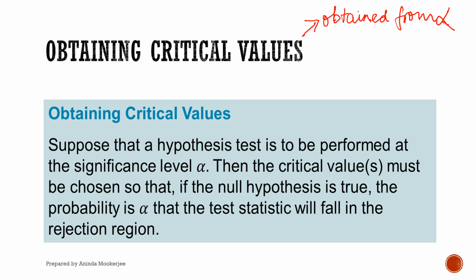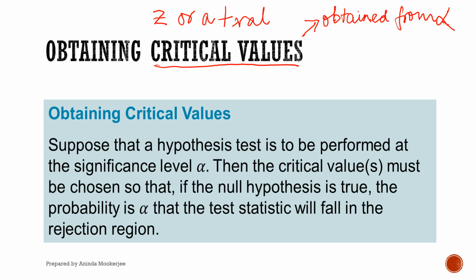Always keep in mind that the critical values are going to be a z value or a t value. How do we find a z or t value? It has to be based on alpha or alpha by 2, as the case may be in a two-tailed test. So we have to know what alpha or alpha by 2 is, and then go to our tables to get the corresponding z values. What does alpha signify?